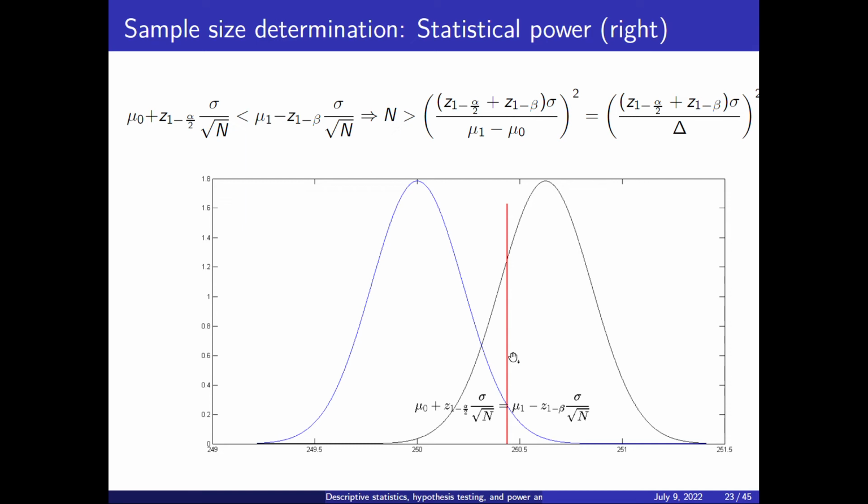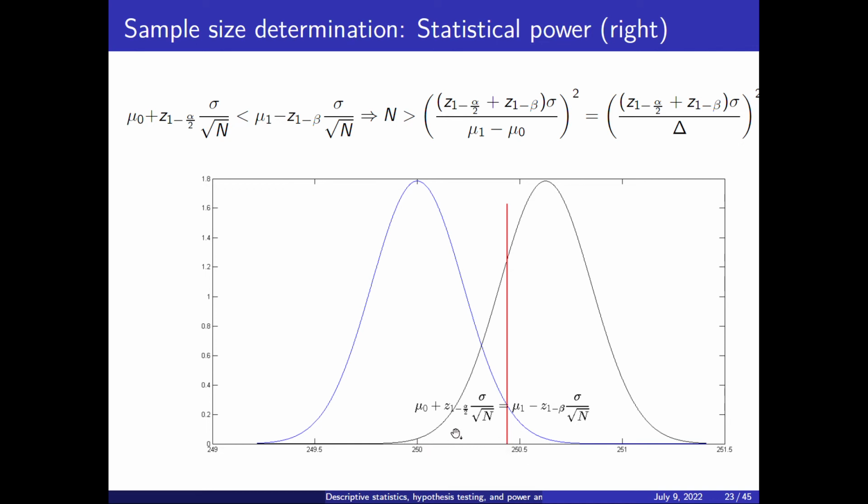What is the probability that if the machine is malfunctioning in this way, I'm not able to reject the null hypothesis? I will not reject the null hypothesis if my sample mean is before this critical value. So in all these places, I will not reject the null hypothesis. But actually what happens is that it may be that the machine is really malfunctioning, but because I have been unlucky with my tablets, I'm not able to show that the machine is malfunctioning because the sample mean is not beyond the critical value. What is the probability of that?